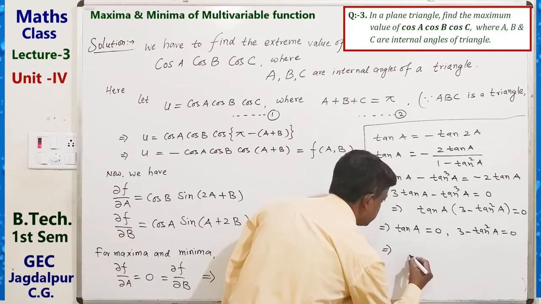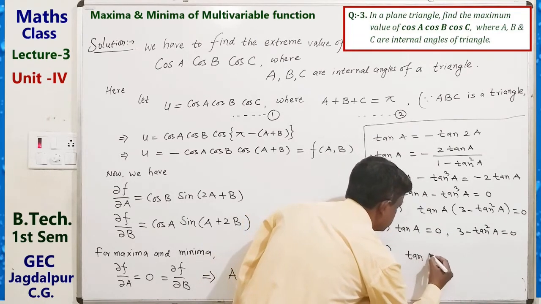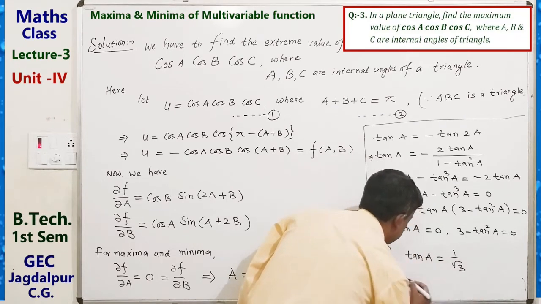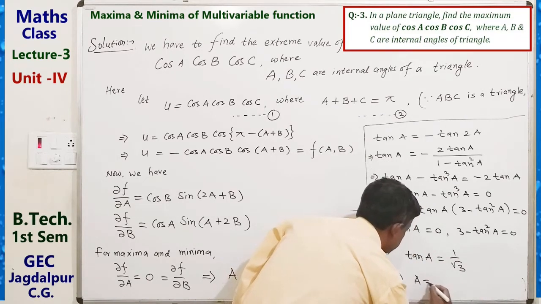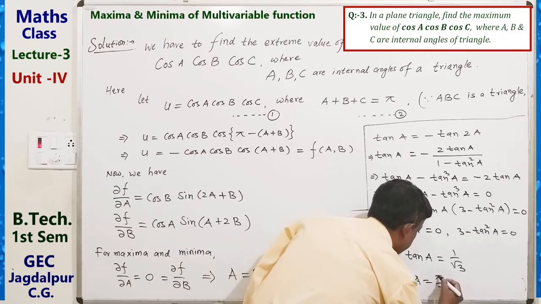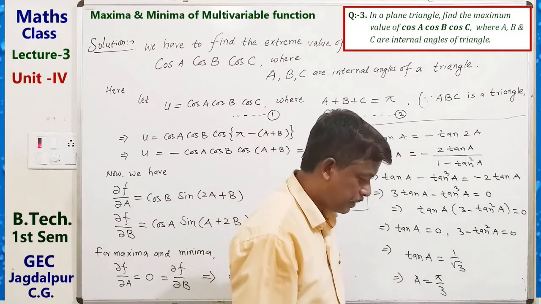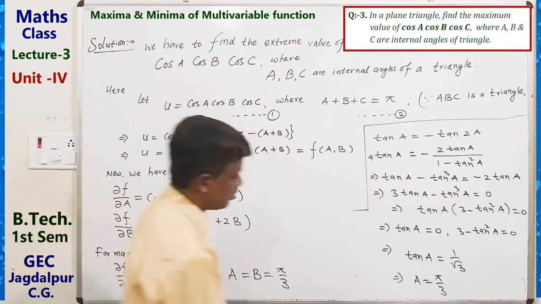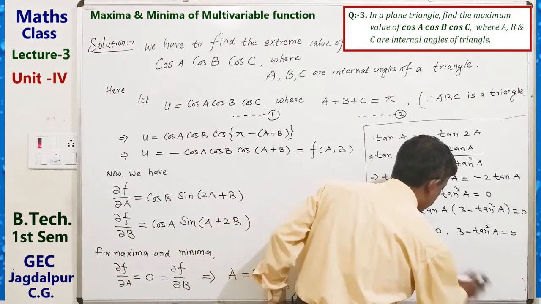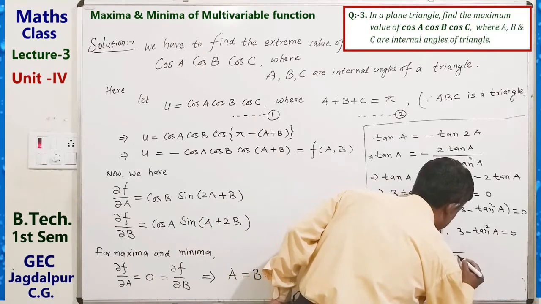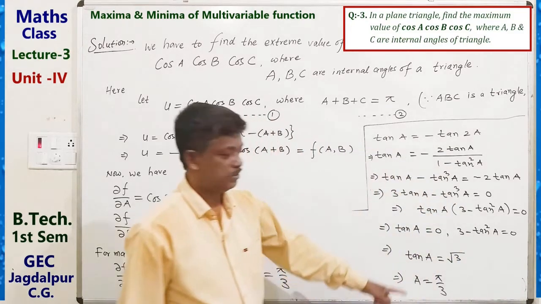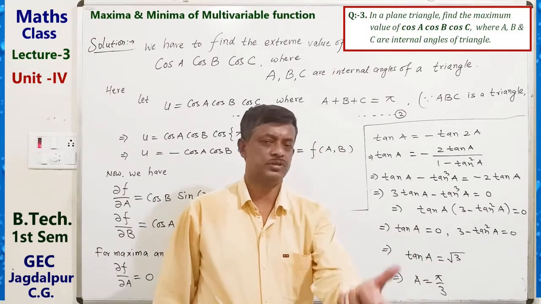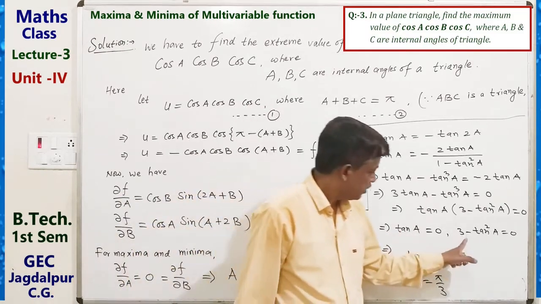Implies tan a equals to root 3. Here tan a equal to 0, a equal to 0, not considerable.